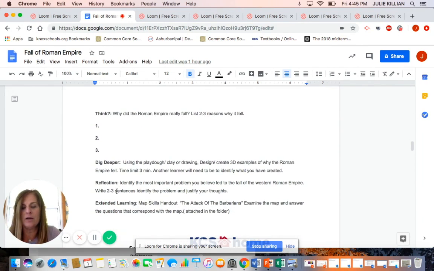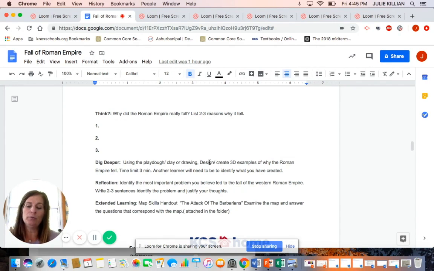The next part is we're digging deeper. That allows us to go a little bit deeper to see if we really understand what the 3 reasons were. In this part, I'm asking you to be a little bit more creative. This is where the Play-Doh would come in, or clay, or just drawing materials. I would ask you to design or create a 3D example of why the Roman Empire fell.